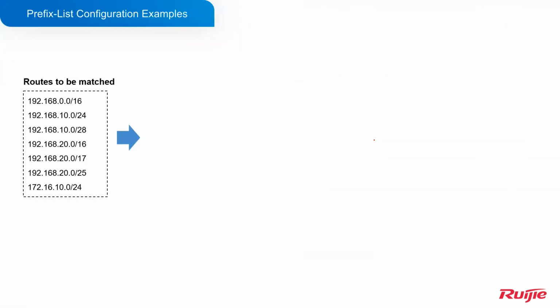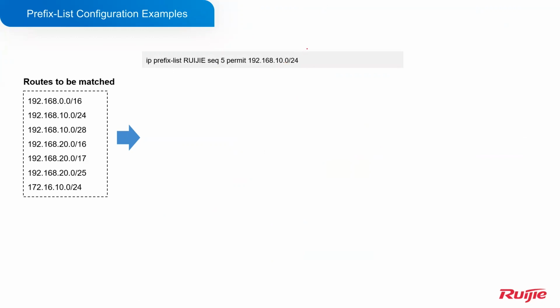After knowing this, let's see how to use a prefix list to control the matched routes. Now, the prefix list is like this. IP prefix list Ruijie sequence 5 permit 192.168.10.0/24.